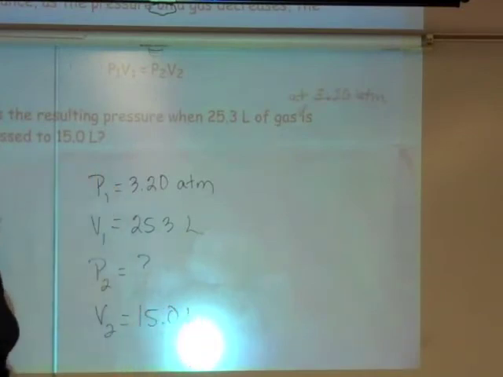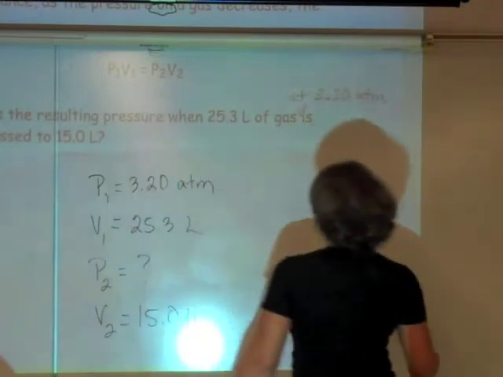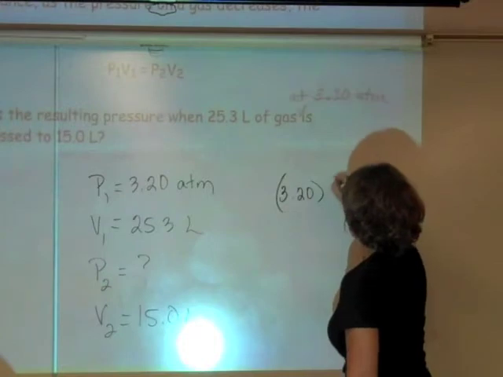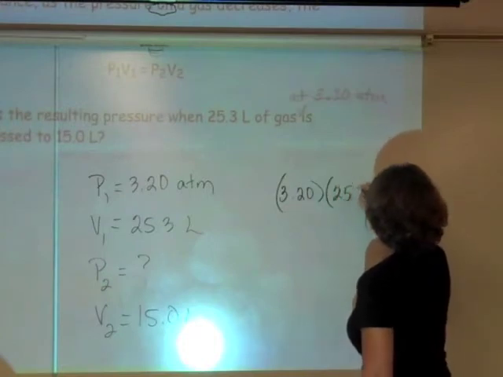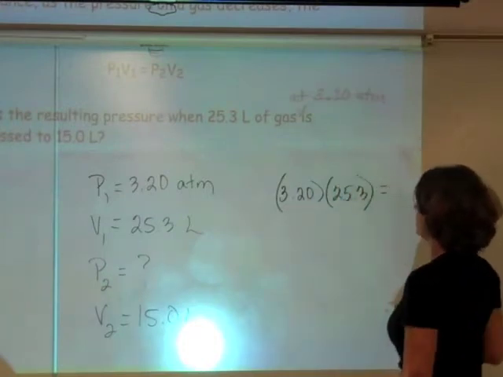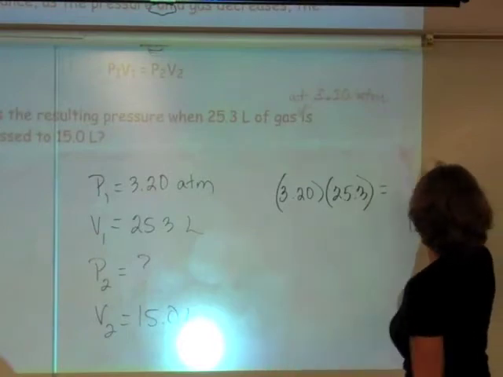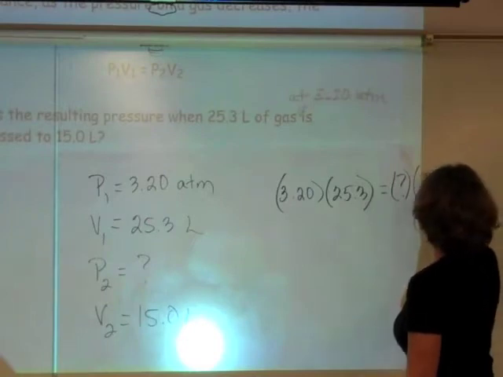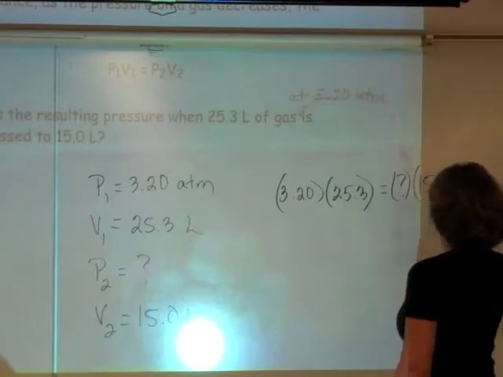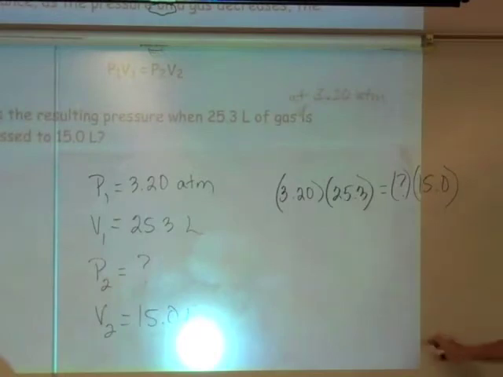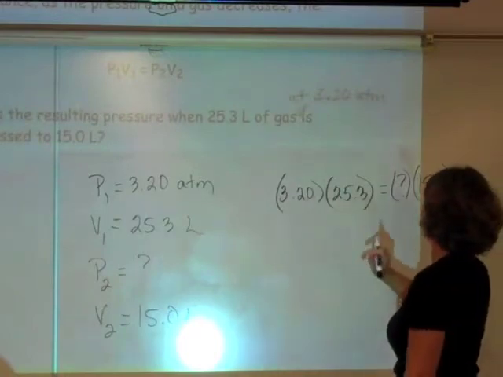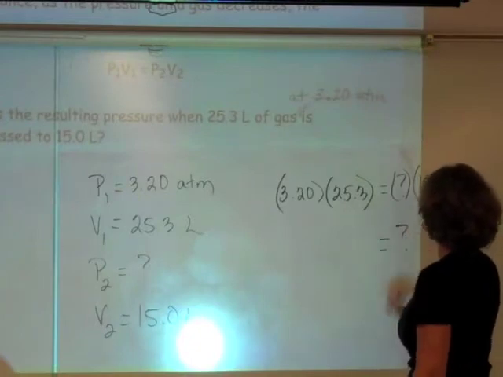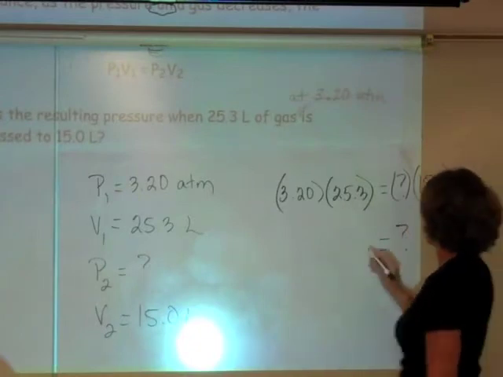I'm plugging and chugging here. I'm just going to say 3.20 times 25.3 is equal to my unknown times 15.0. So what am I going to do here? I'm going to multiply these two together, divide that product by 15.0, and what am I going to get?